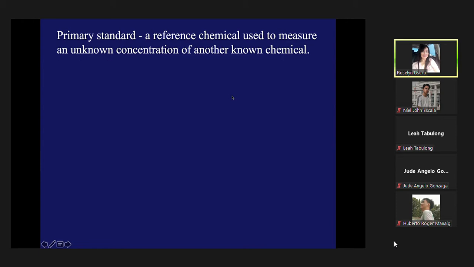Paano ko ma-explain ka? So example, if ang procedure ninyo sa acid-base titration, familiar kamo sa acid-base titration? Anybody? Please answer para mabalaan ko kung i-explain ko pa. Anna, are you familiar?